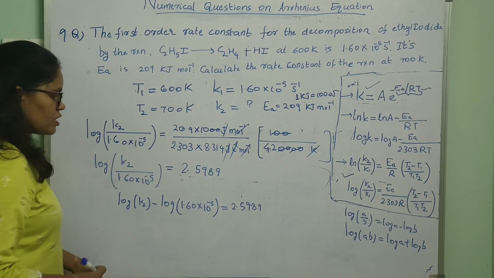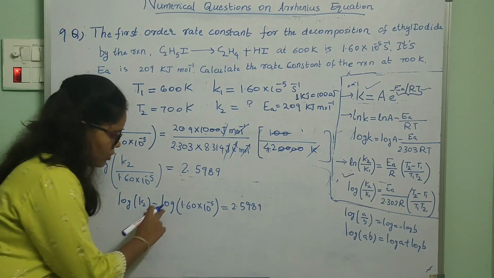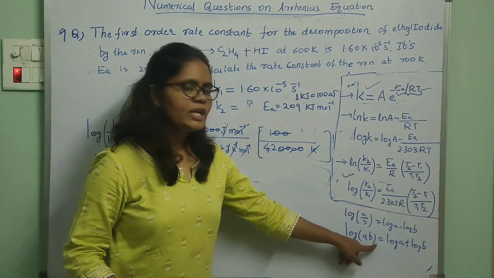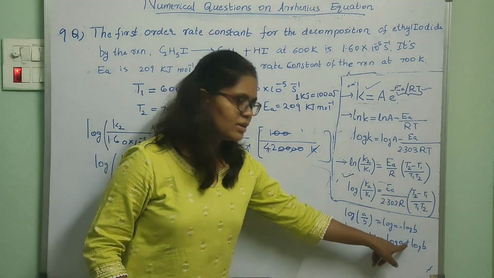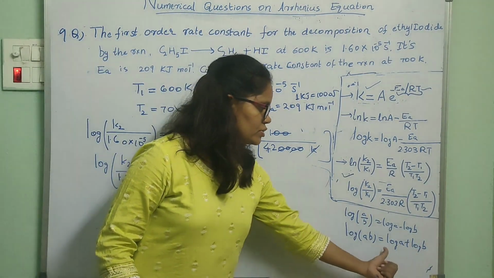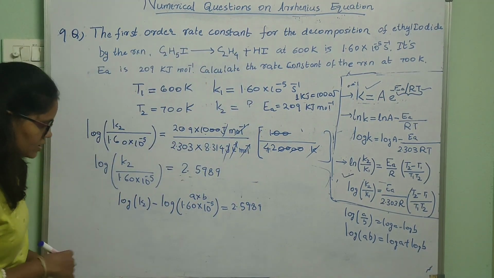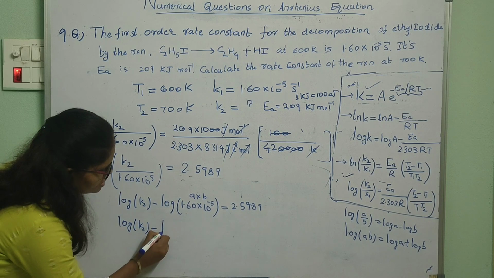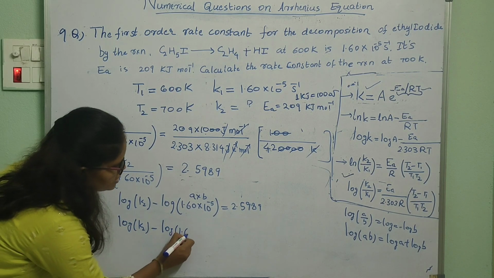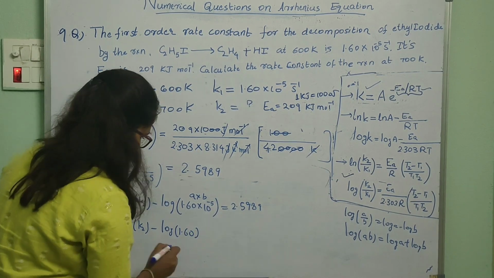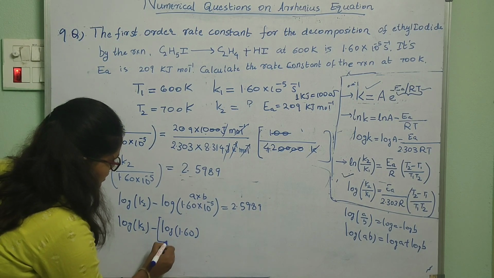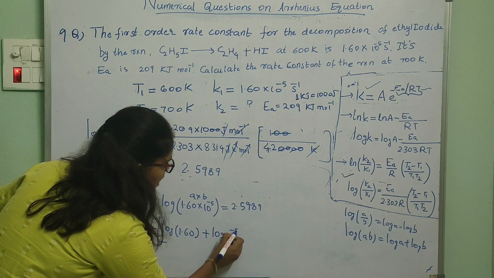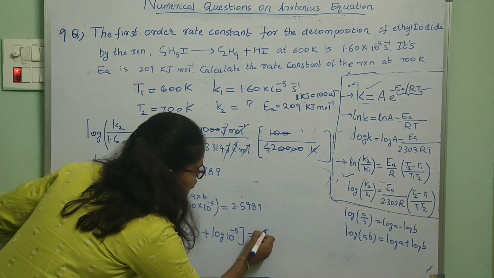Now this term is of the form log A into B, and log A into B can be written as log A plus log B. So I am going to use this mathematical formula here. So that becomes log K2 minus log 1.60, I'll put this in bracket, plus log 10 power minus 5, which is equal to 2.5989.